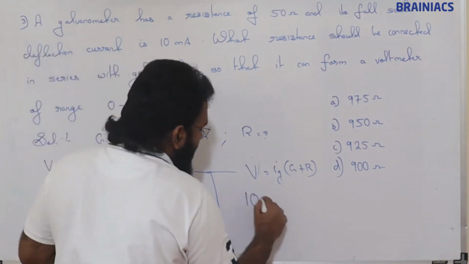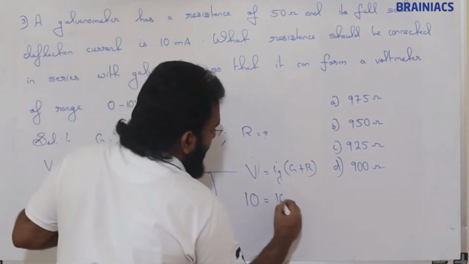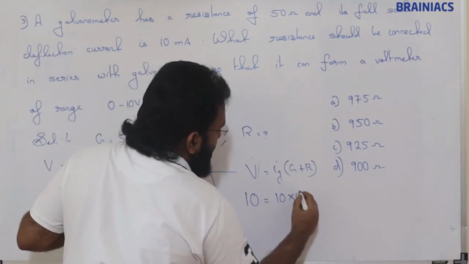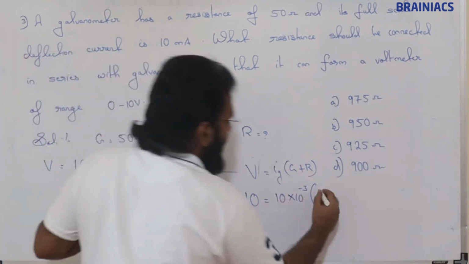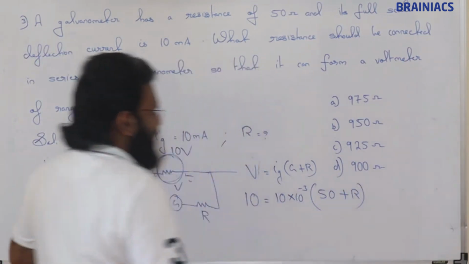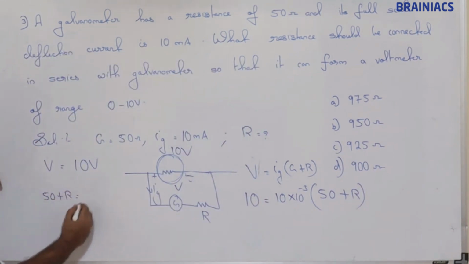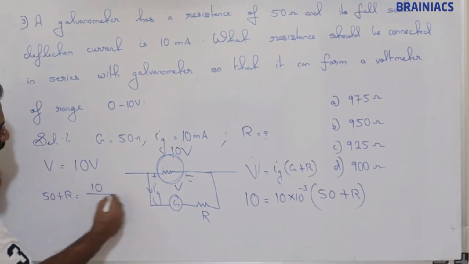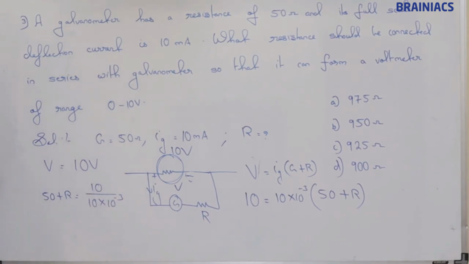So this 10 is equal to Ig, which is how much? 10 milliamp. So 10 into 10 raised to minus 3 into G, which is given as 50, plus R, which we need to find. So 50 plus R is equal to 10 by 10 into 10 raised to minus 3.